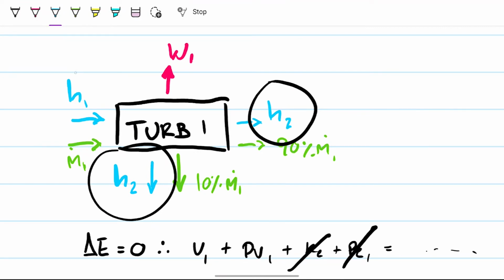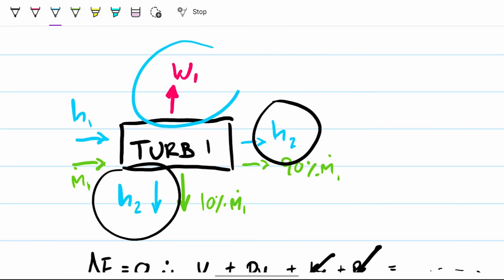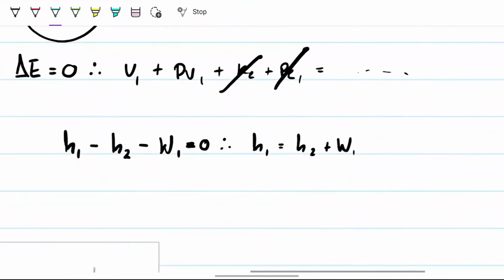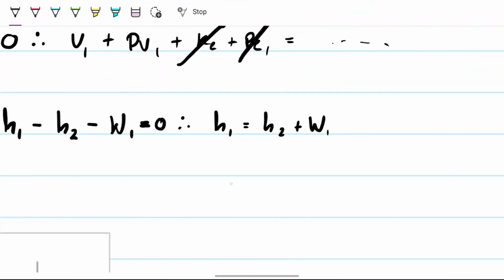So we're interested in the flow at which enthalpy 1 is going into the turbine, the flow at which enthalpy 2 is leaving the turbine, and the flow at which work is being outputted. So we're not interested in this. We're interested in reality in mass flow rate 1 times H1 equals mass flow rate 1 times H2 plus mass flow rate 1 times work 1.